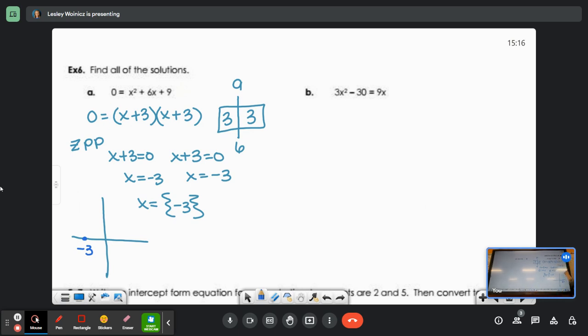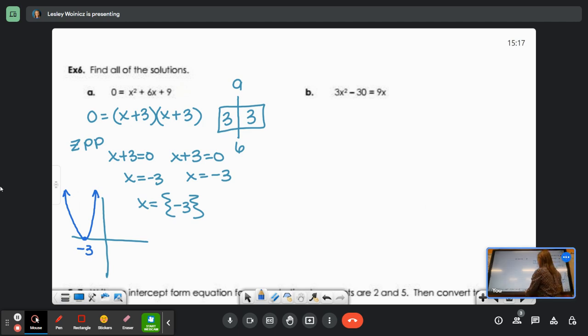Okay, this is going to come down, hit the x-axis and bounce off. So whenever we have only one solution, it's because it's repeated twice. Isn't that fun? Because it doesn't cross and come back, it just goes bing and bounces off. Great. That makes sense. Okay, good.